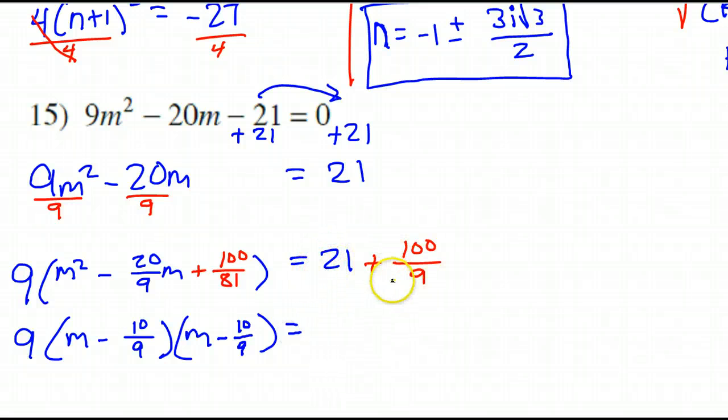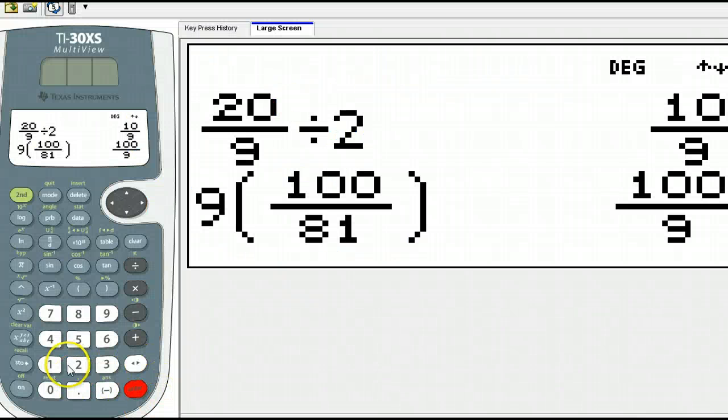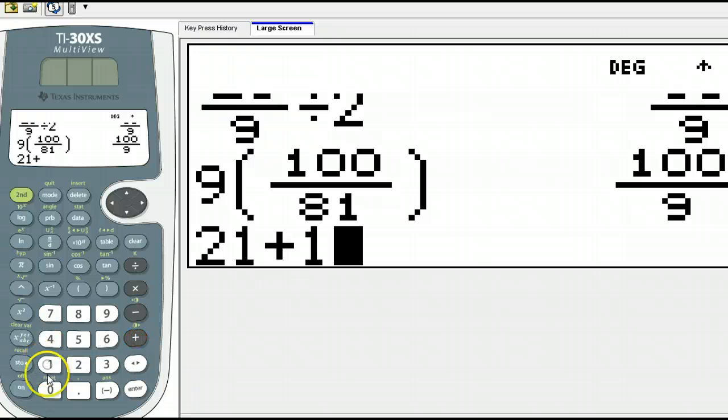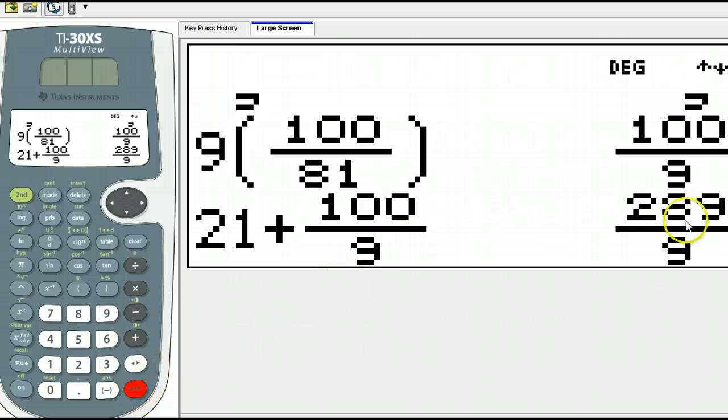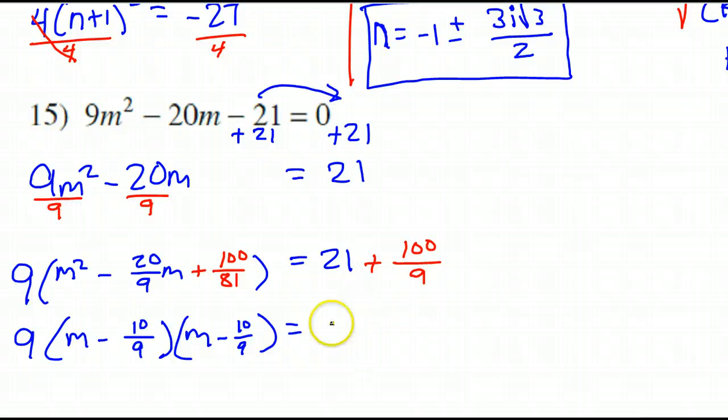Okay, if I add these together over here, 21 plus 100 over 9, that's 289 over 9. That's 9, by the way.